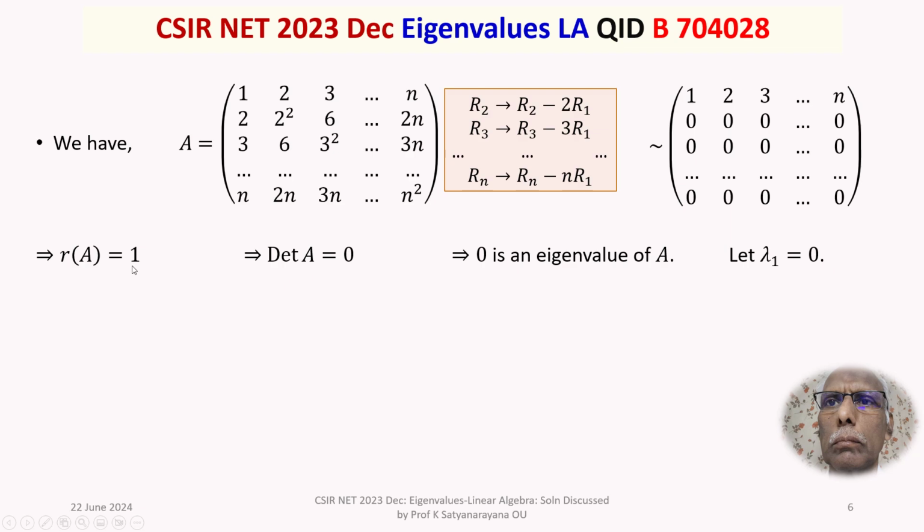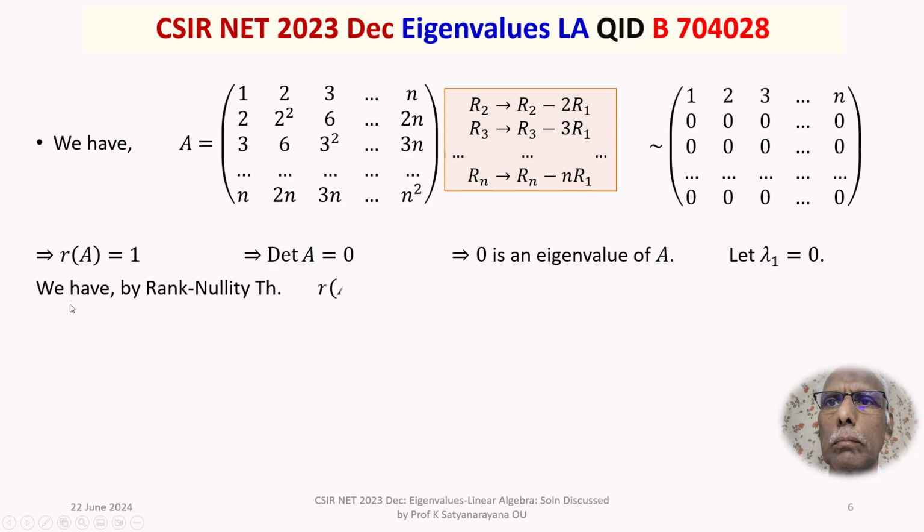The order of the matrix A is n, and 1 is less than n. Therefore, the determinant of A is 0. Determinant of A being 0 means 0 is an eigenvalue of A. Let us say that eigenvalue is lambda_1, so lambda_1 is equal to 0.